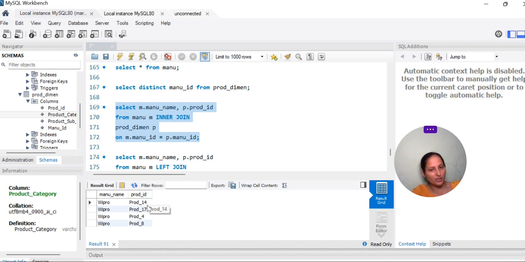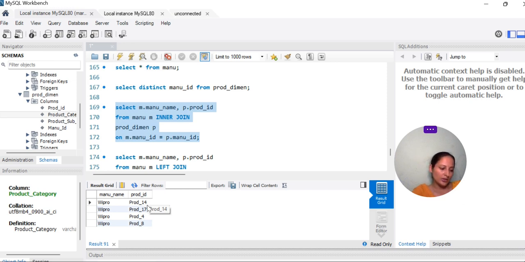So what is the point of displaying it when there is no matching information? But it also doesn't give me any picture from an analysis perspective of who is the manufacturer and who is not supplying any product. That information is missing, for Furlenco or anyone else who is not delivering any kind of product.